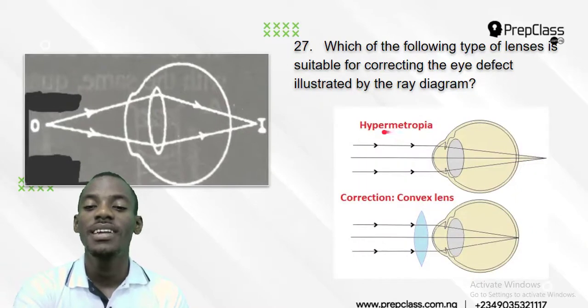The word long-sightedness can also be called hypermetropia, and it is corrected by a convex lens. Can you see that? A convex lens is also called a converging lens.